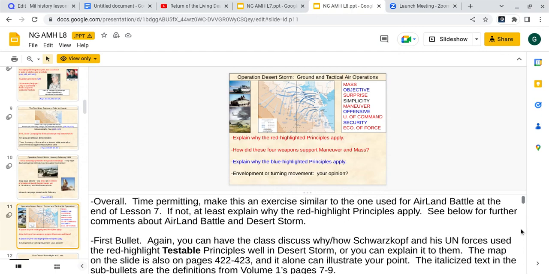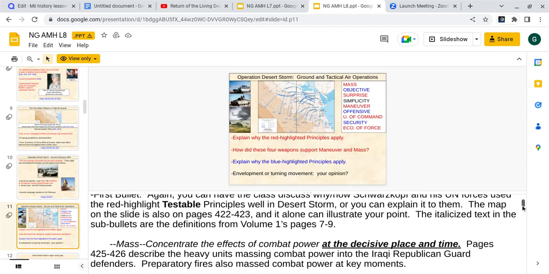As for Operation Desert Storm, we see the principles of mass, surprise, maneuver, unity of command, and economy of force. So we're going to go one by one in the notes here and emphasize what's important about each one. So testable for the principles that were used well in Desert Storm, we've got mass, surprise, maneuver, unity of command, and economy of force.